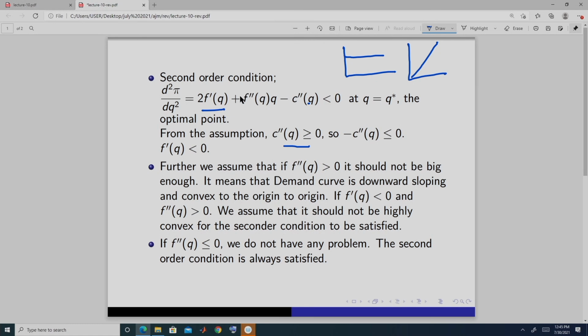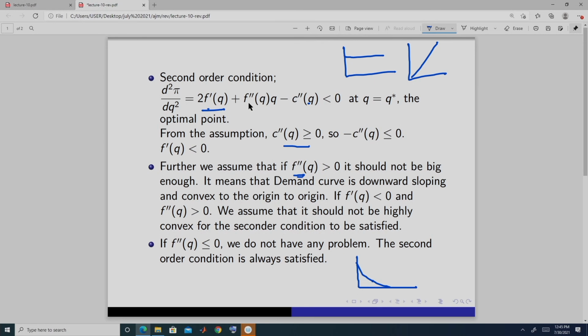Now, this portion is negative already, and this is negative. But what happens to this? We have also assumed that our demand function can be of this form. In this case, it is convex to the origin. So, what do we get?